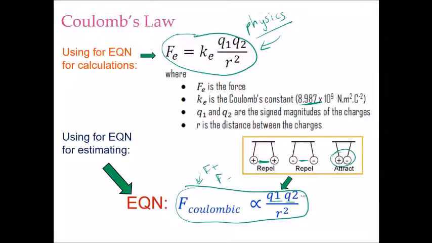But we're applying this here, and we have to really look at it in terms of the numerator and denominator and how it affects certain situations. We won't be doing this version at all. No plugging and chugging of numbers at all. We're just going to look here. If we change the magnitude of charge, how does that affect our force? If we change the distance, how does that affect the force?